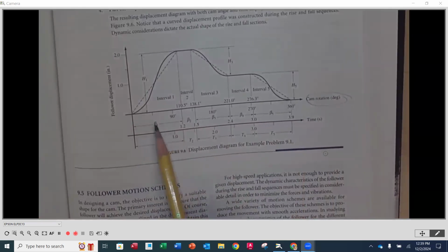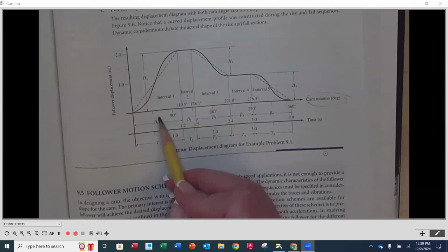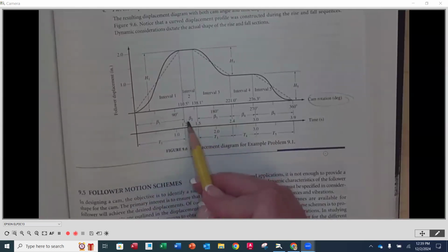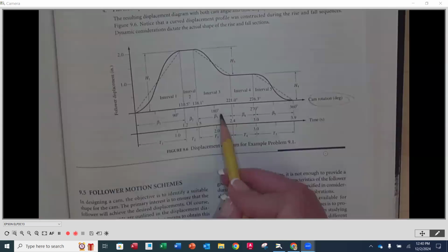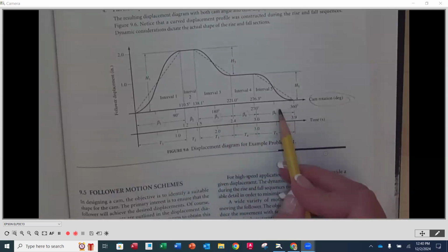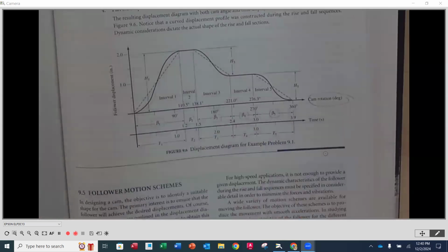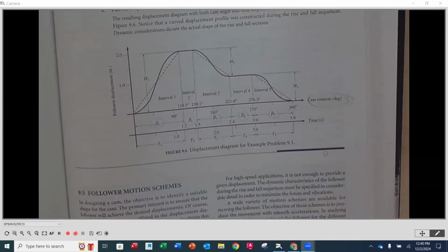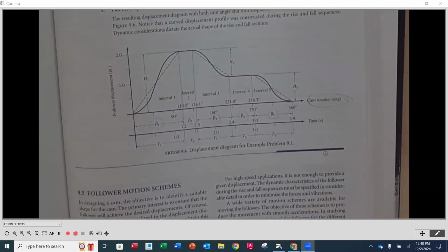Right underneath there, they identify beta 1, beta 2, beta 3, beta 4, and beta 5, okay? Each one of those betas is how many degrees it takes of that revolution to do the prescribed motion for that step.